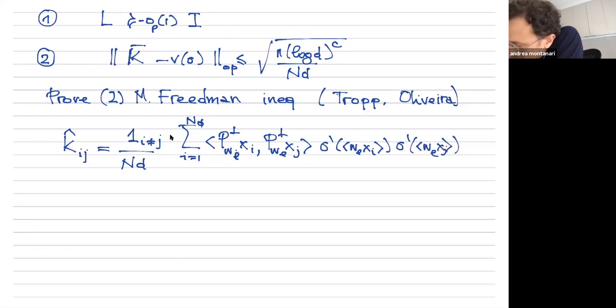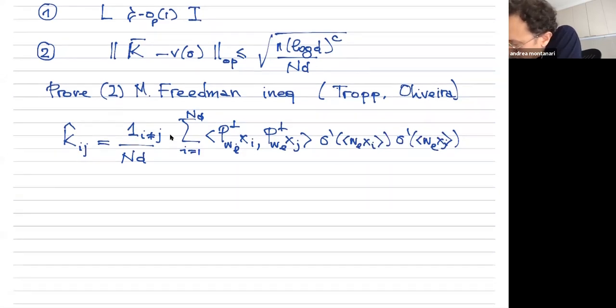What is very nice here is that this is just the matrix K bar in which I eliminated the diagonal. So I put this indicator here; the diagonal can be treated separately.